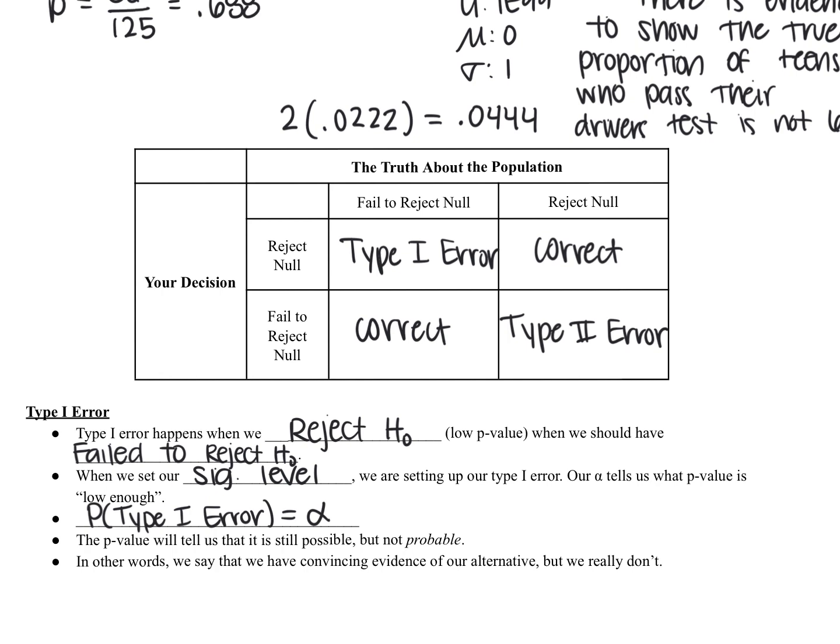So even if I get a p-value less than alpha, it's still possible that it happens because it's not 0, but it's not necessarily probable because it's such a low probability. So what it's saying is we say that we have convincing evidence of our alternative, but we really don't.